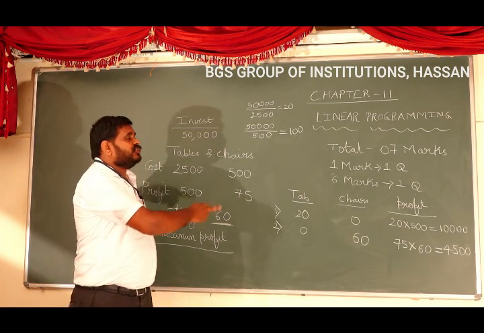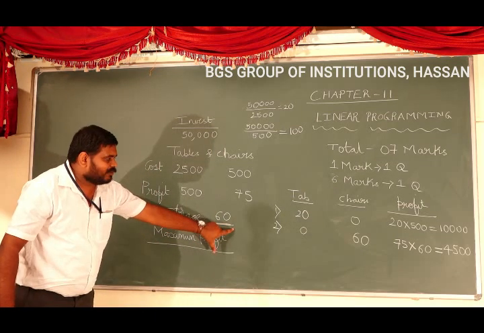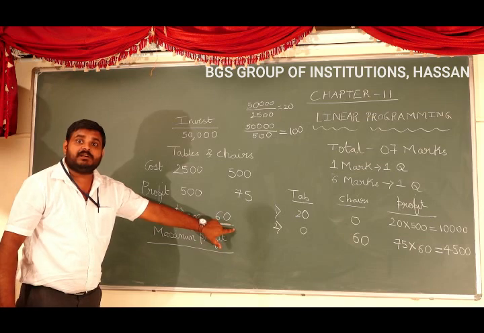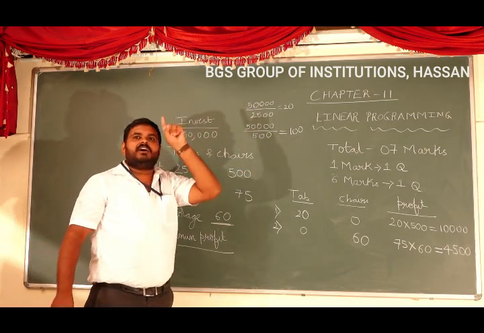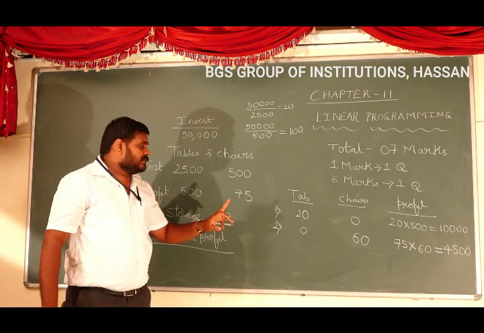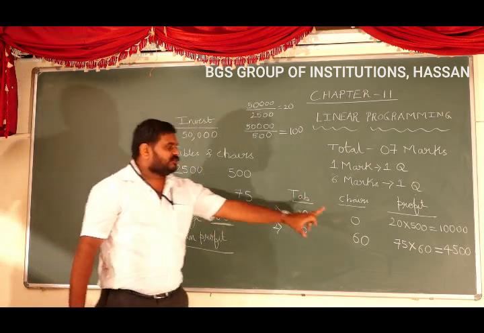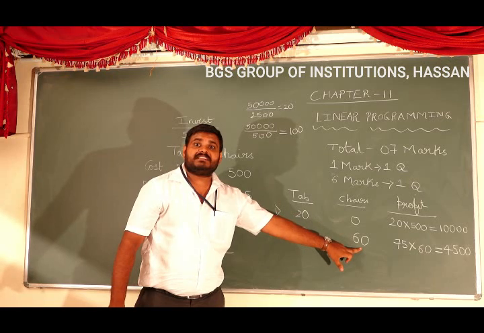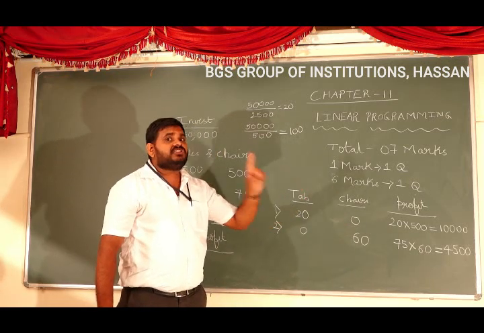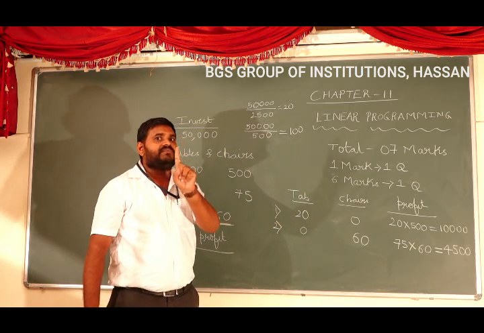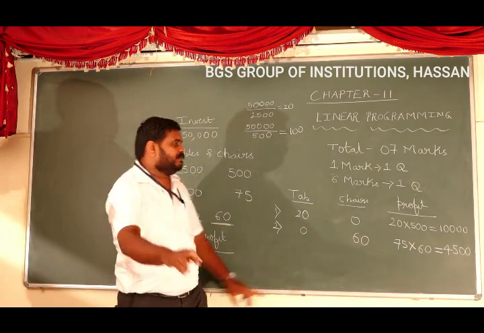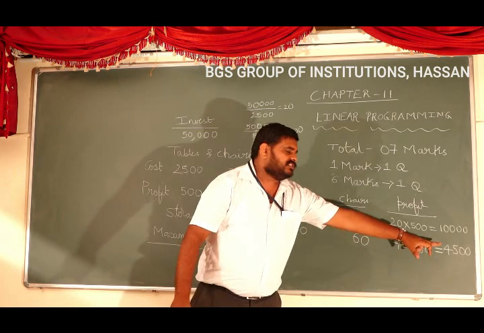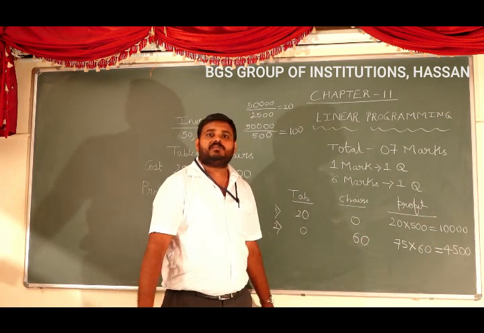Remember, the condition is he can store a maximum of only 60 items. So, even though he can buy 100 chairs, he can purchase only 60 chairs. Now, each chair gives a profit of 75 rupees, which means the total profit for him is 75 into 60, which is 4,500 rupees.